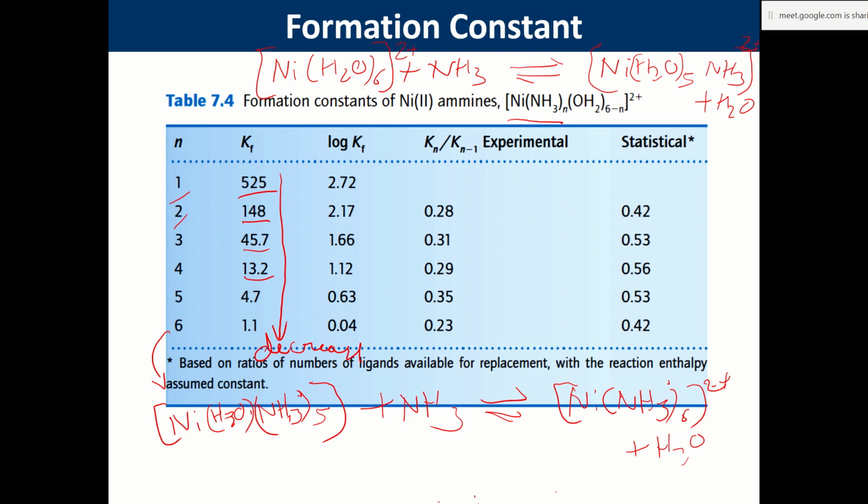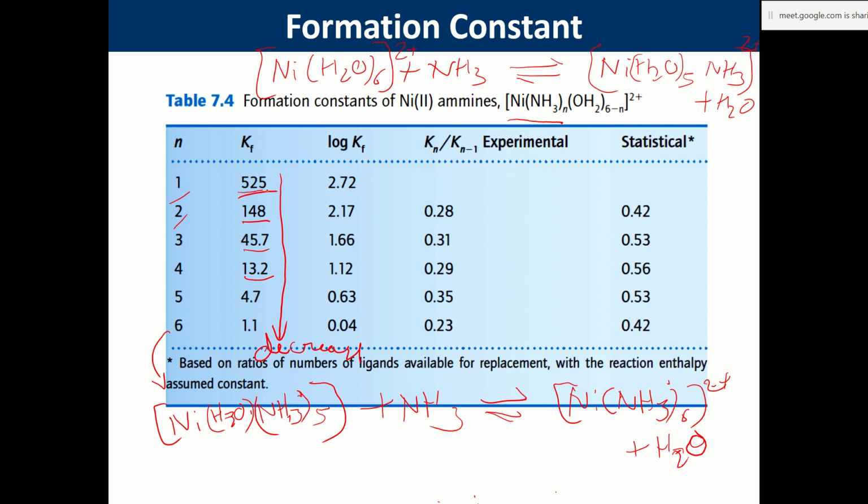So in the last step, the last water molecule is also replaced, and the Ni(NH3)6 complex is formed, the hexaammine complex. Now look at the values of each stepwise constant.